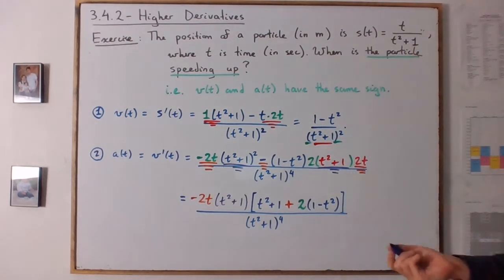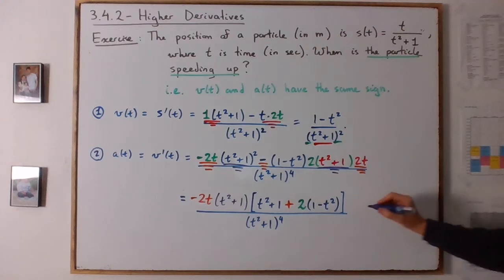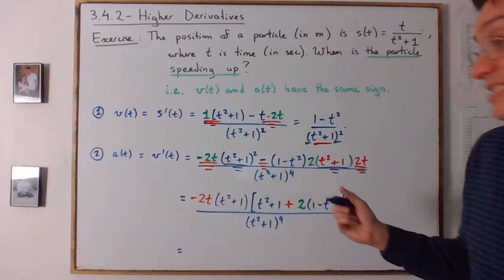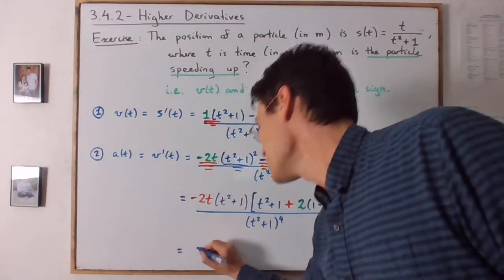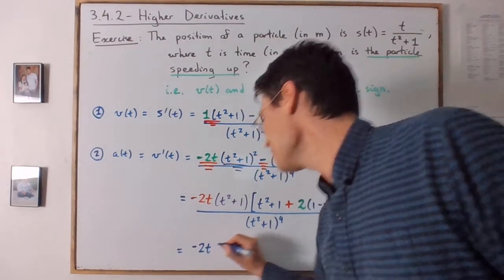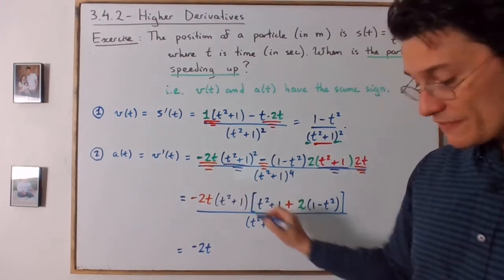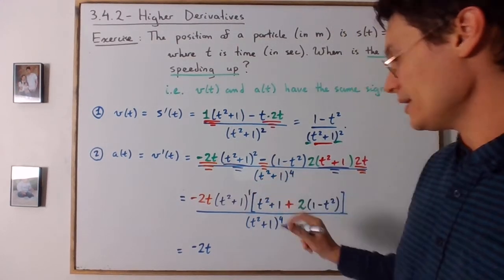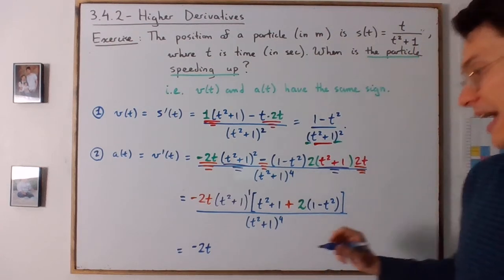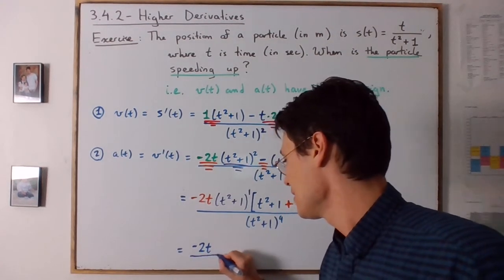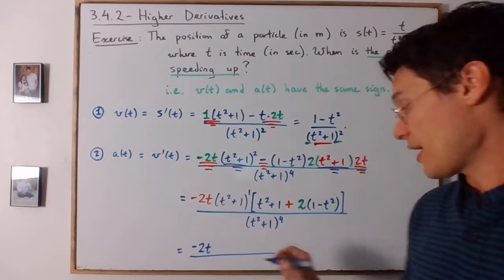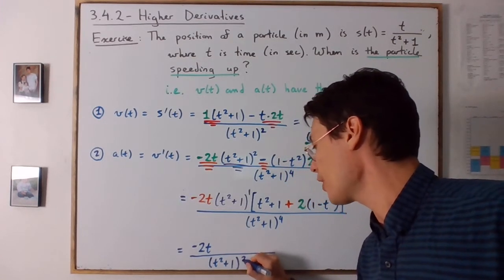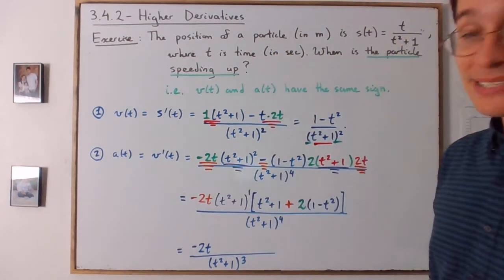And now it's rather simple to simplify. Well, it's not that simple, but simplifying this is okay. We can manage. So we're going to have negative 2t. Now we're going to use the rules of exponents to simplify that down. We have this to the power of 1. So overall, let's actually keep the fraction. We're going to have t squared plus 1 to the power of 3, instead of 4.